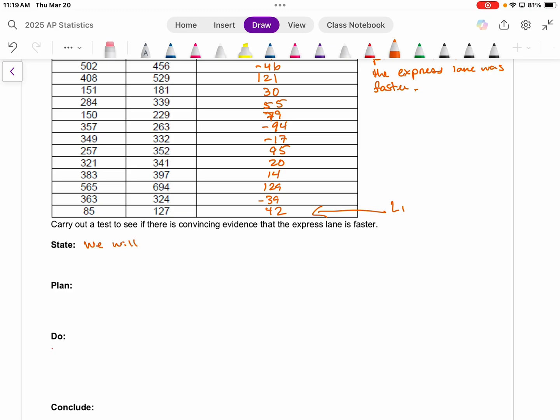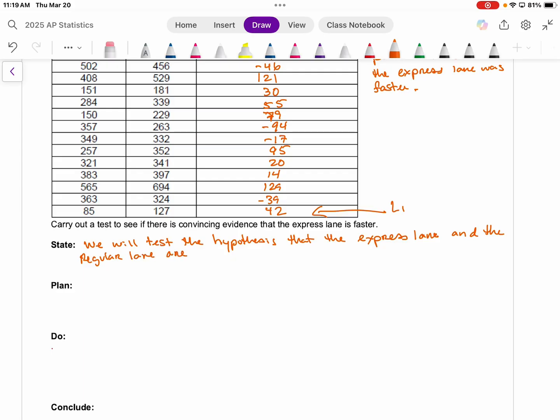We will test the hypothesis that the express lane and the regular lane are the same.